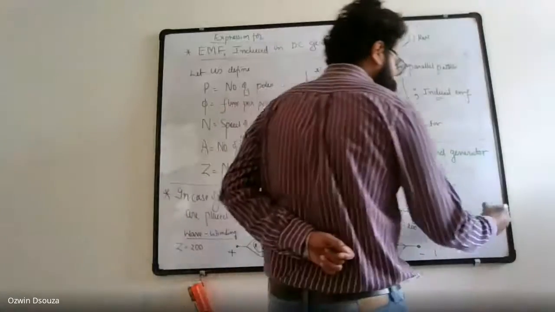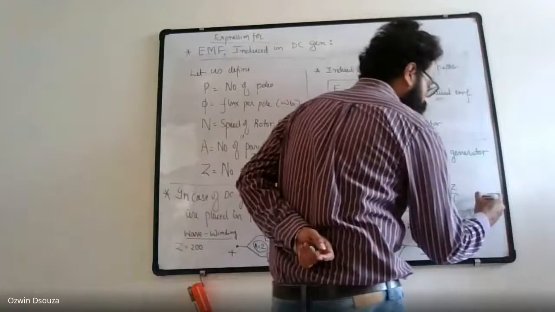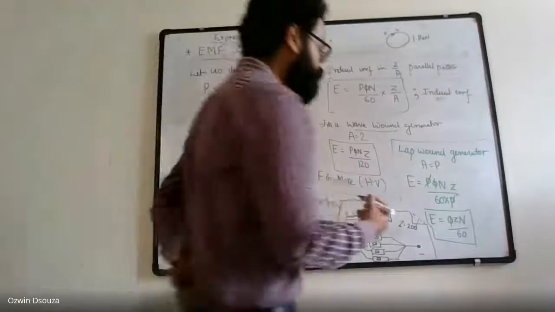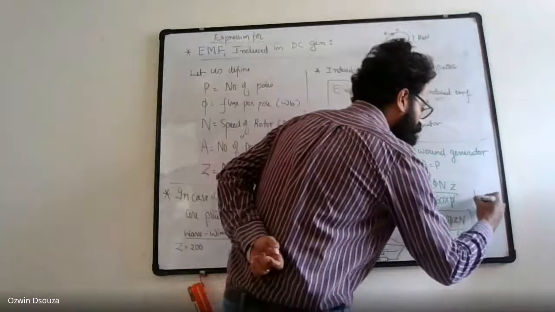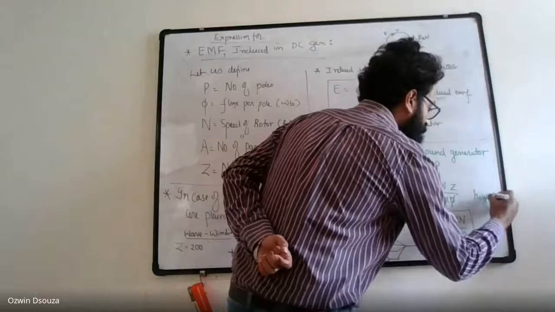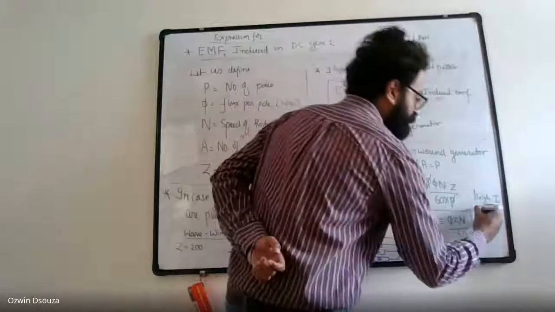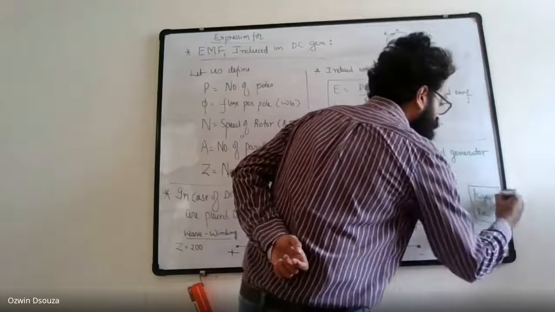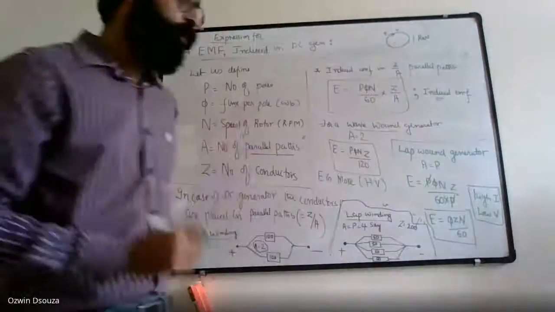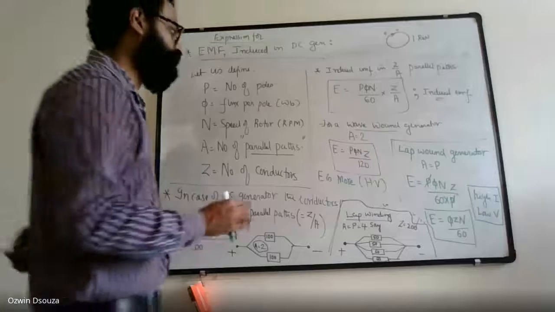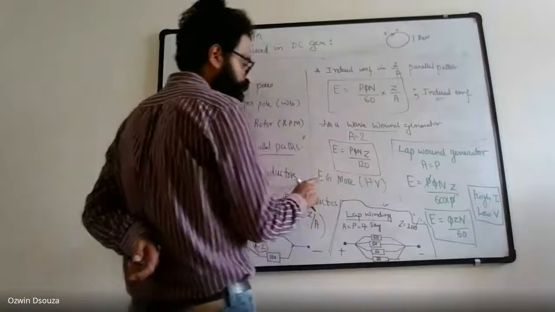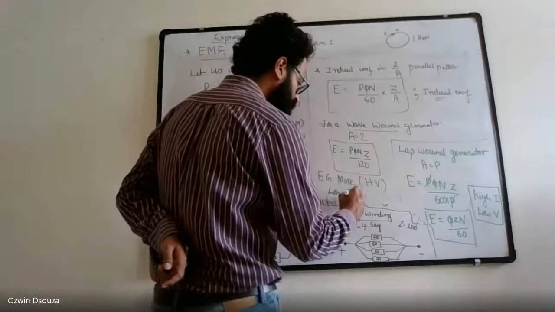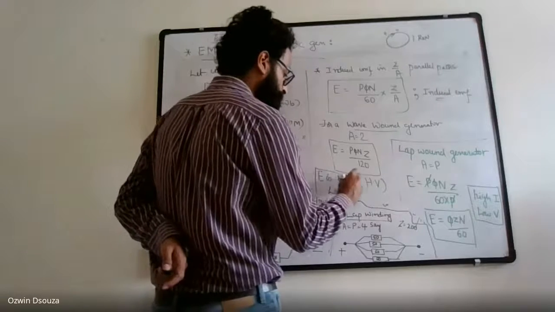On the other hand, if you want to produce low voltage but high current, you can go for lap winding. So this is for high current, high I, and low V. Lap winding is suitable for low voltage, high current applications, and wave winding is suitable for high voltage, low current applications.